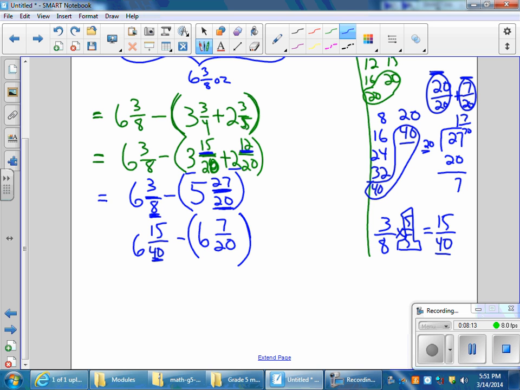Okay. Now, I have this that I already got, and I multiply that 20 by 2 to get 40. And I'm going to multiply my numerator by 2 to get 14.